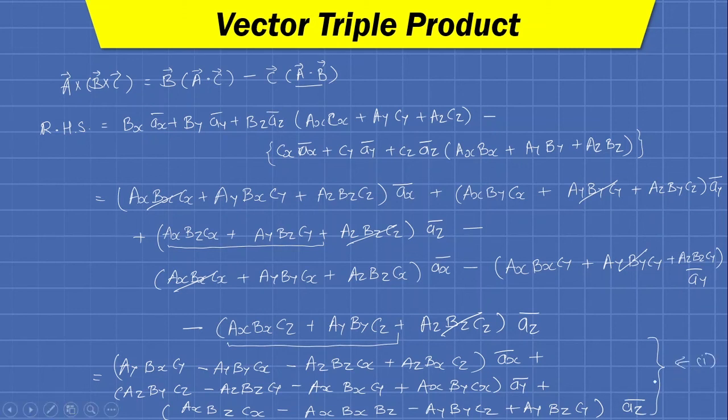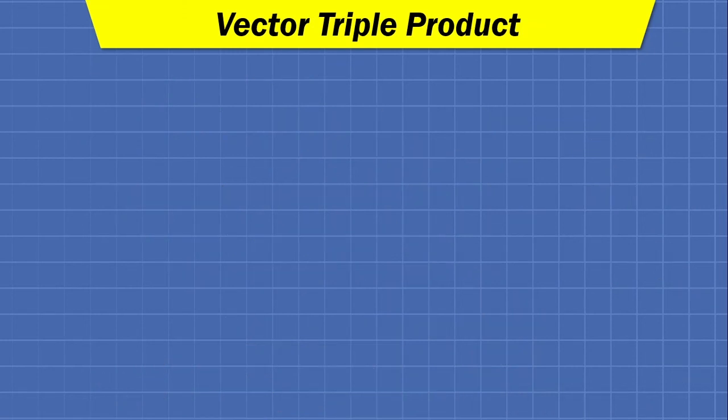Now we will try to calculate the left hand side of the equation. The left hand side states A bar cross B bar cross C bar.